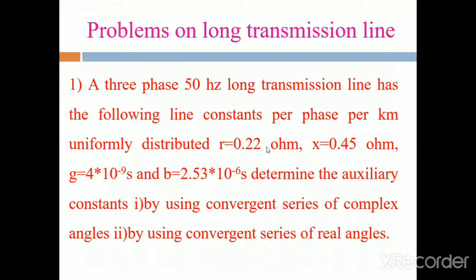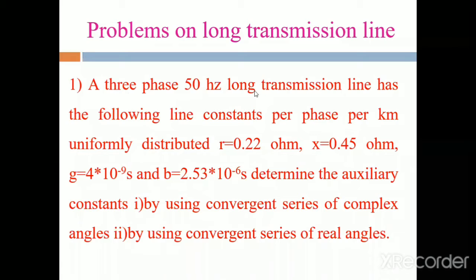In the first problem, we have a three-phase 50 hertz long transmission line with the following line constants. 50 hertz means the frequency is 50 hertz. The line constants are per phase per kilometer, uniformly distributed. R is equal to 0.22 ohms per phase per kilometer, which we multiply by the length.